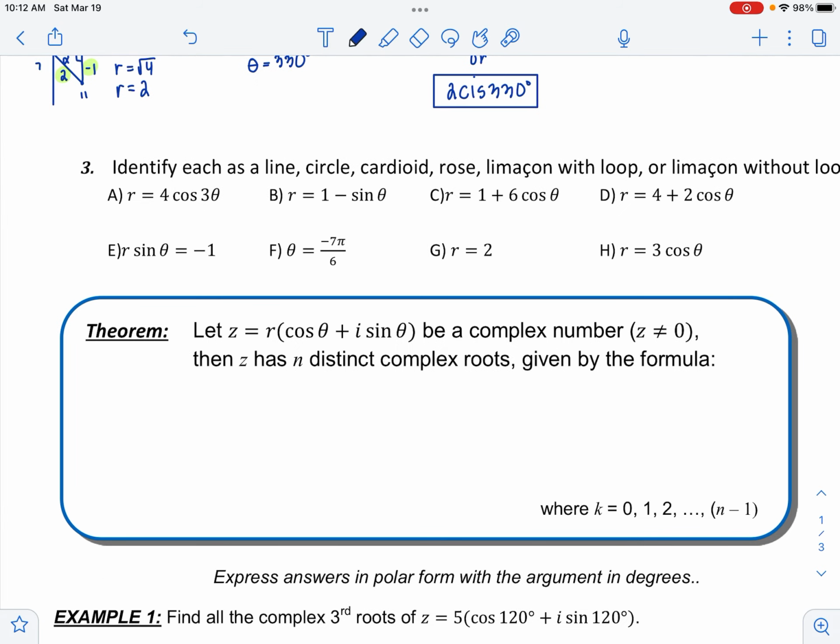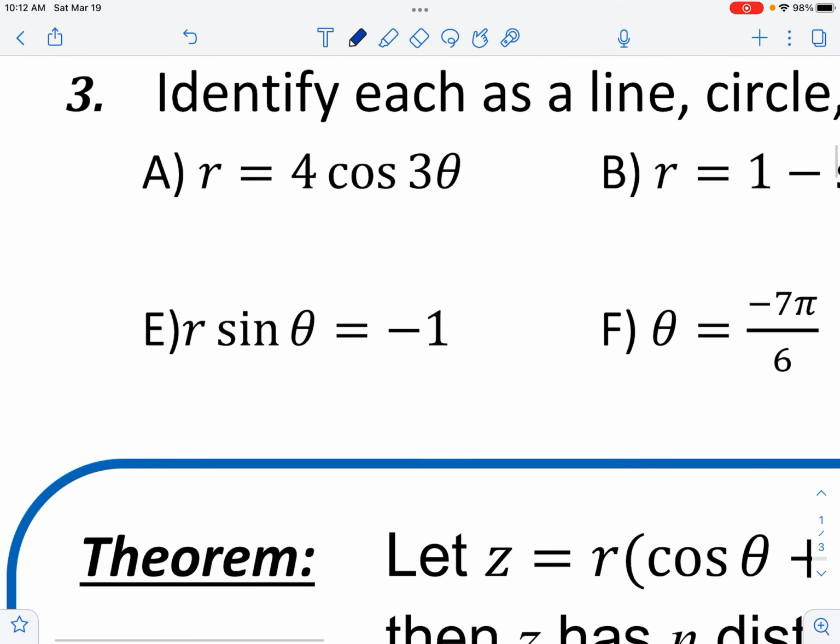All right, next warm up, identify each as a line, a circle, a cardioid, a rose, a limacon with a loop, or a limacon without a loop. All right, so looking at the first one right here, we have an n value in front of theta, so that makes this a rose.